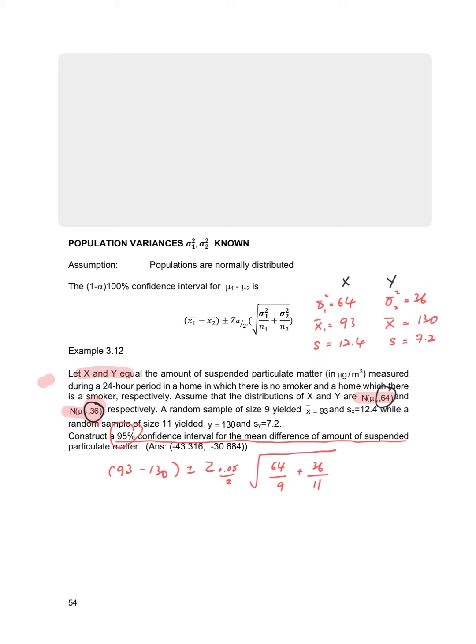Okay. So untuk Z alpha over 2, untuk this one, awak akan refer table number 4. So cari Z 0.05 bahagi 2 is Z 0.025. So from table number 4, awak akan dapat value dia 1.96. Okay.